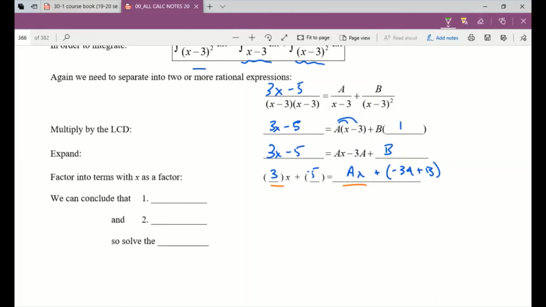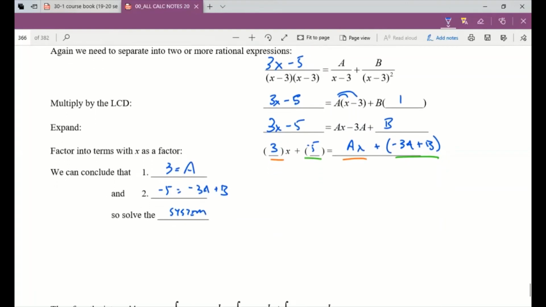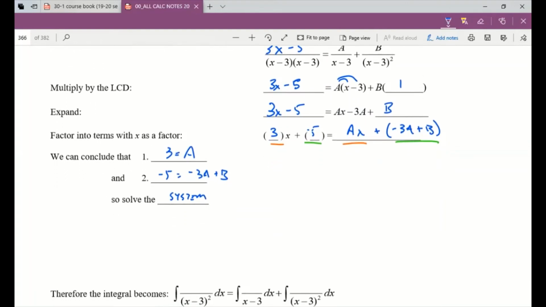Our constant terms are going to be these, and we end up with 3 is equal to a, and negative 5 is equal to negative 3a plus b. And so we want to solve this system of equations, and our system looks like this. Actually, a little more straightforward with this one.